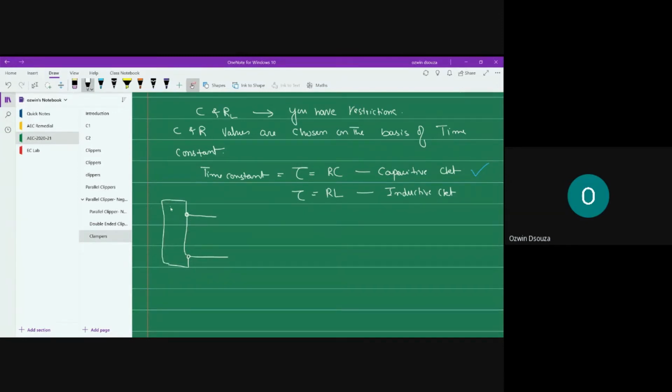This is the input to the rectifier, and the output of the rectifier will be a kind of rippled output.